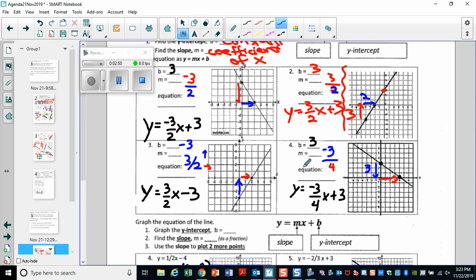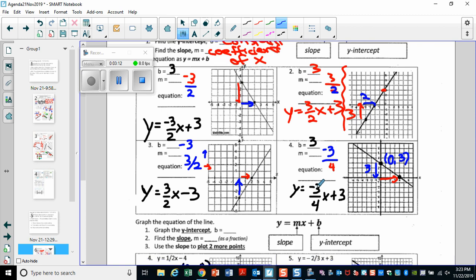Problem 4, again, start with our y-intercept, which is our starting point, 0, 3. And then our trend is go down 3, so it's -3. We go to the right 1, 2, 3, 4.